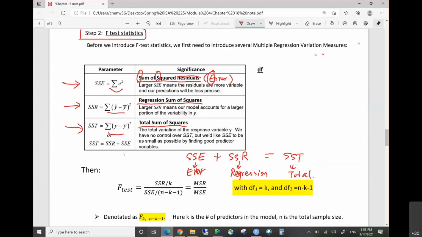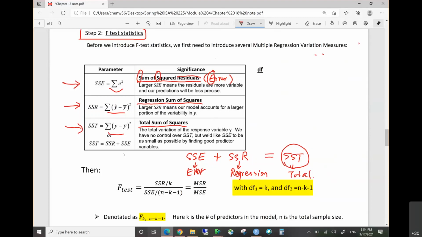So what are these sums of squares? They tell you the variation in y. We have a total variation in y, as we explained in the simple regression. What is r square? The r square is the proportion of the observed variation in y that can be accounted for by the regression.